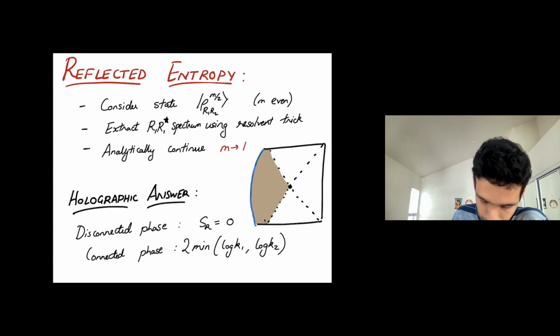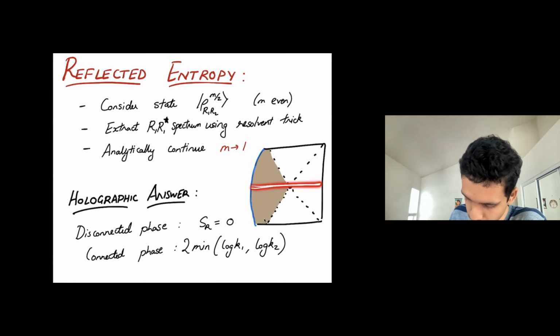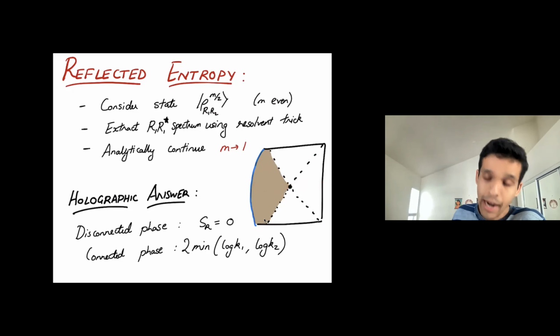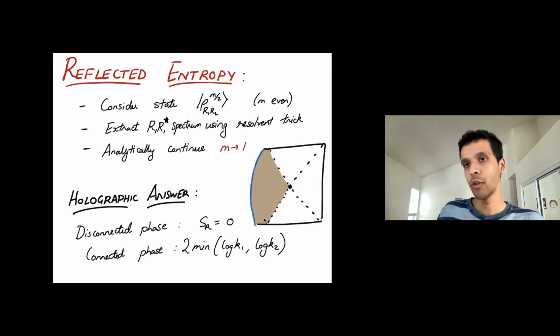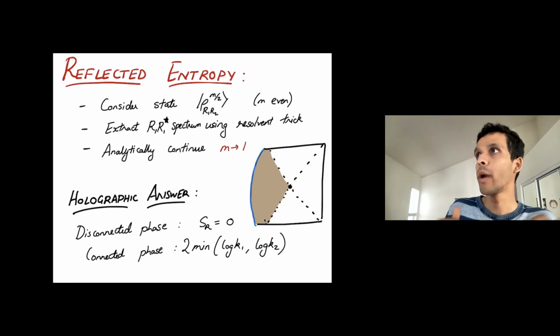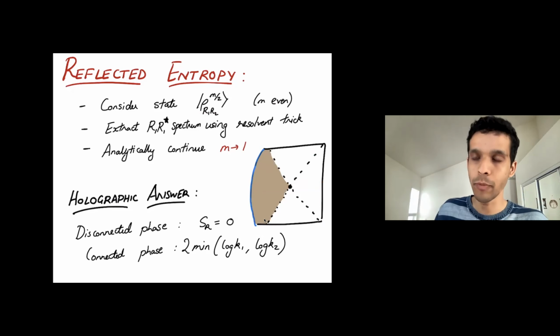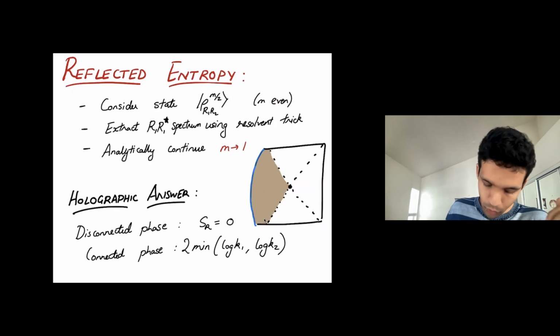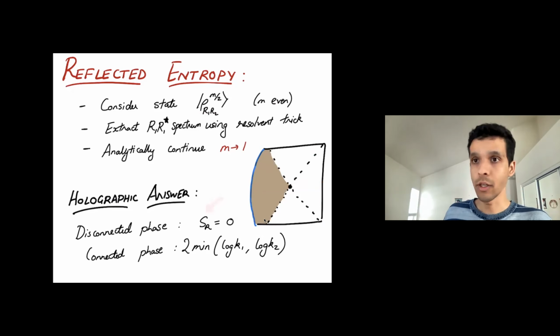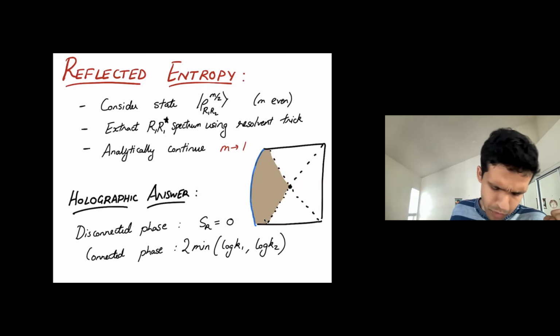So the entanglement wedge of the black hole is this whole region, and in that case you can think of the entanglement wedge of the radiation as being disconnected. There's no geometric connection between the entanglement wedge of R1 and R2. So we expect the answer S_R equals 0, which was what we got in the holographic case in general.